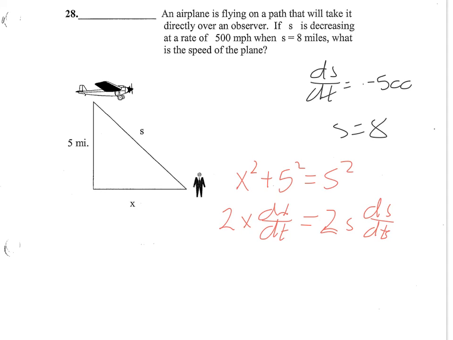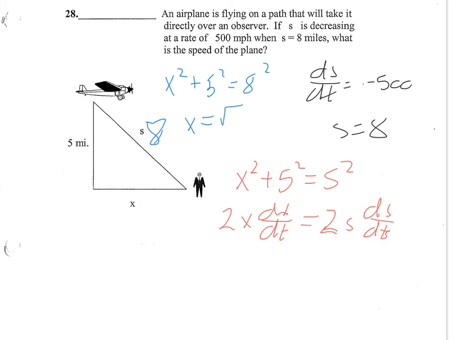Okay. Alright, now I need to go back and find what x is. So if s is 8, so now I have this formula, so we say x squared plus 5 squared equals 8 squared. So then we have x is going to equal the square root of 64 minus 25, so we should get 39.